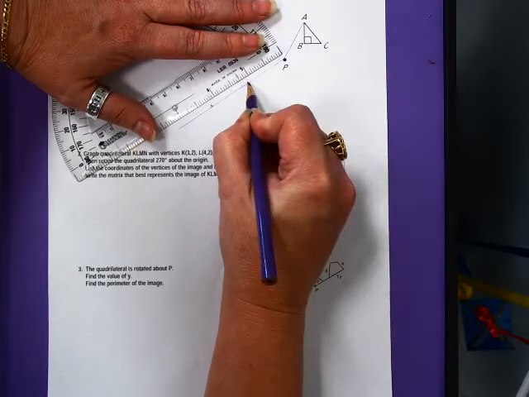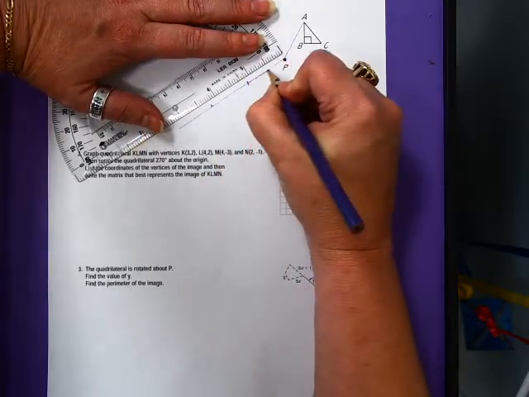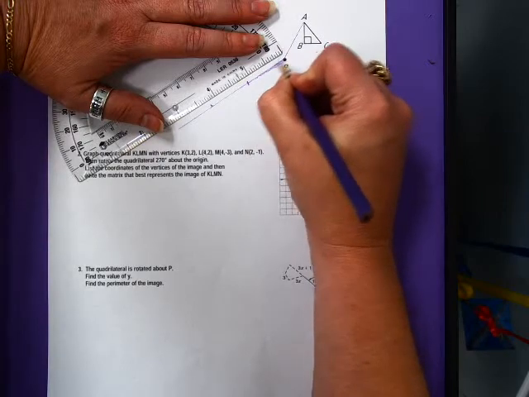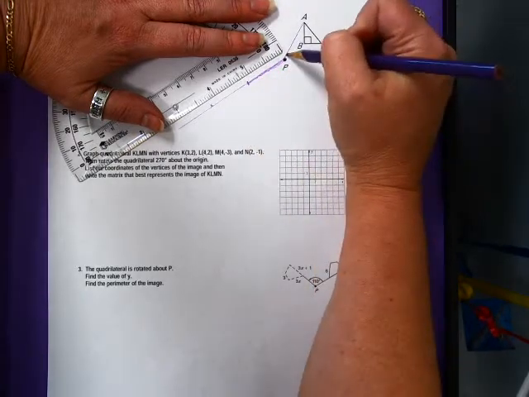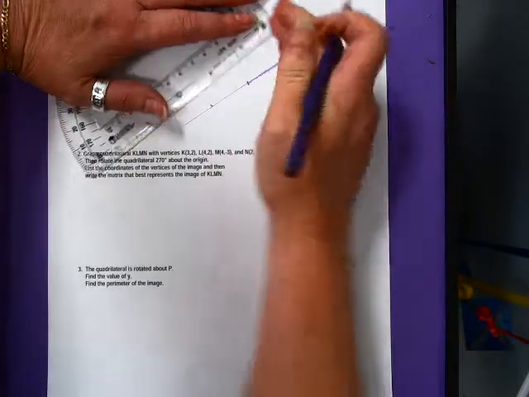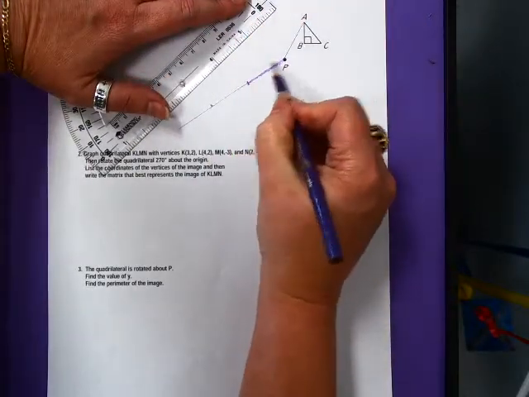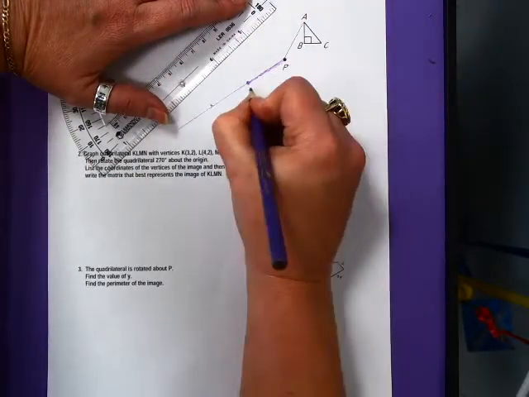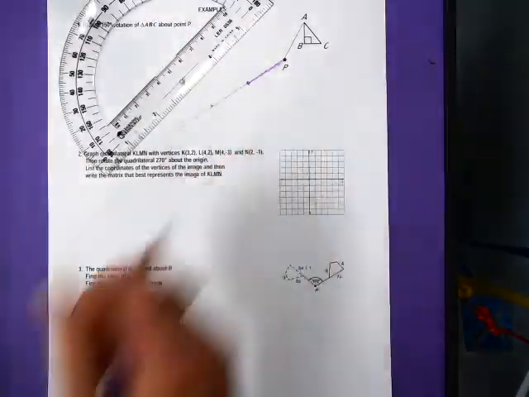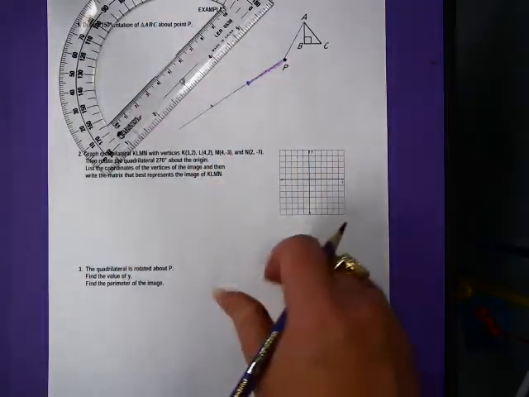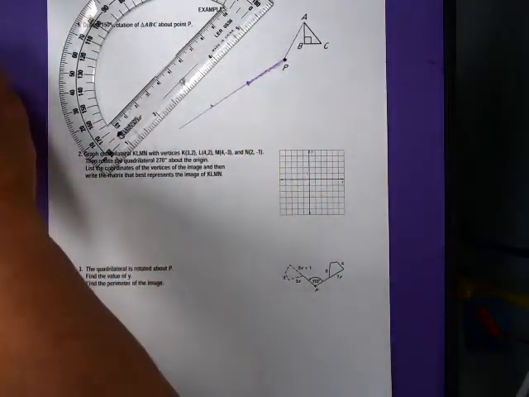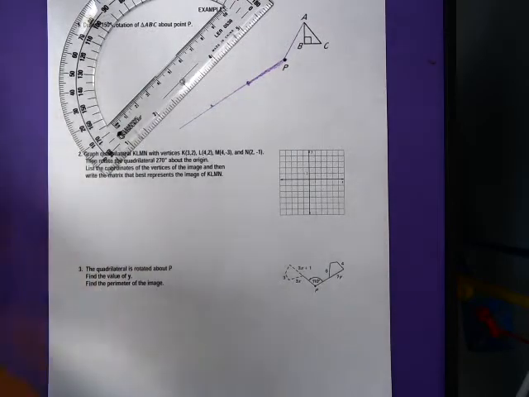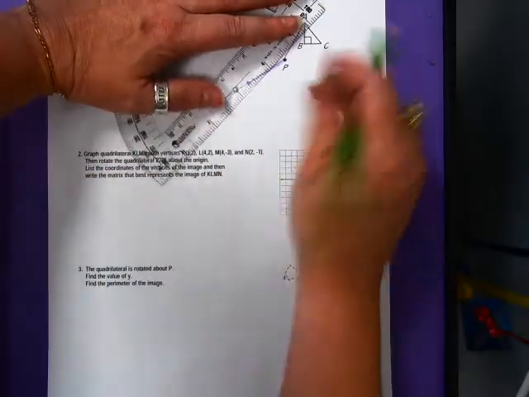So that's where point A is. This segment right here is this segment that's been turned 150 degrees. And this is A prime. We'll label that point in just a minute after we get all the rest of them drawn.